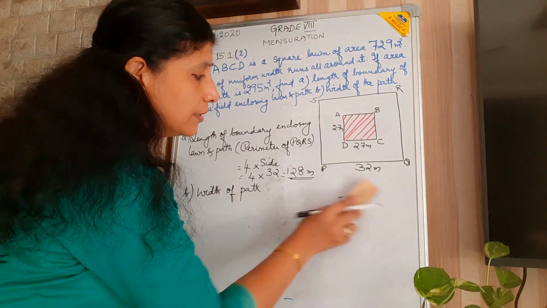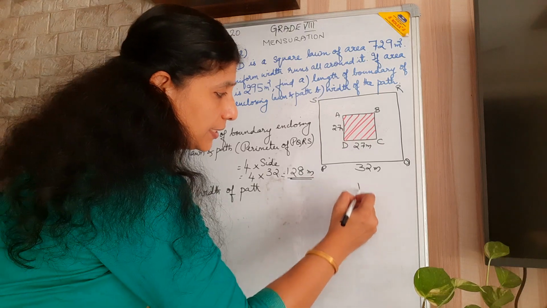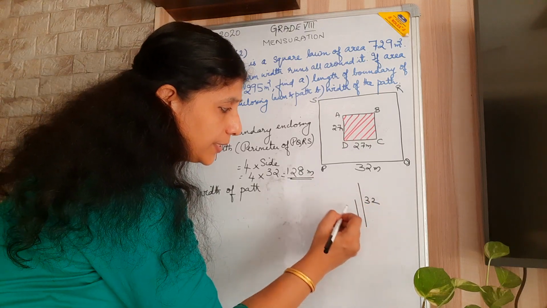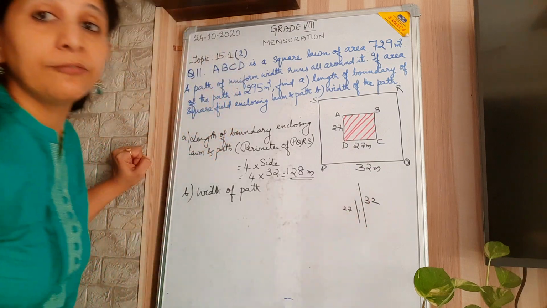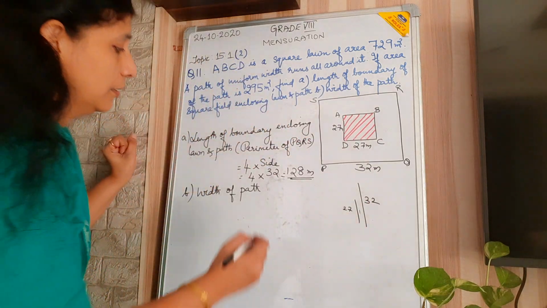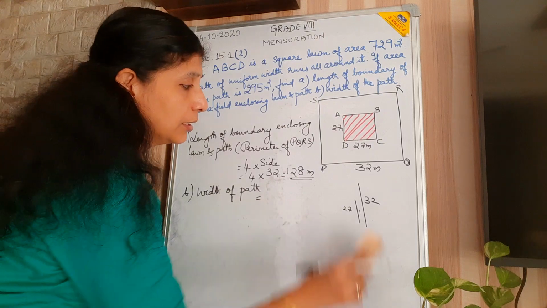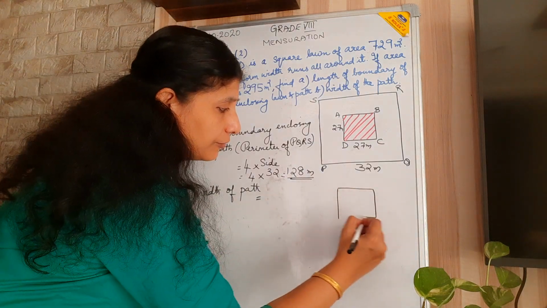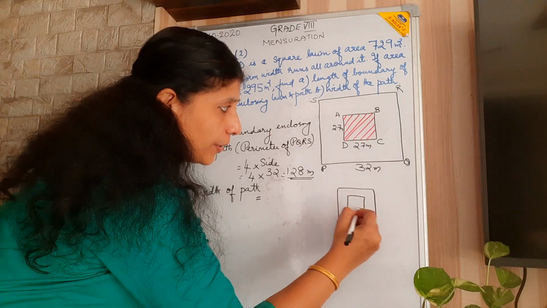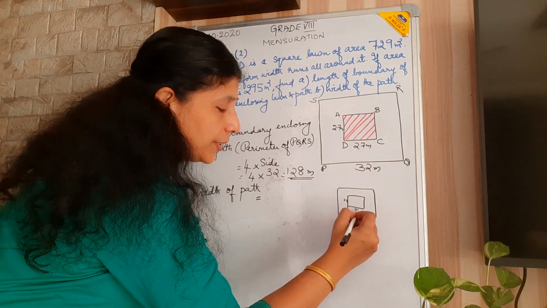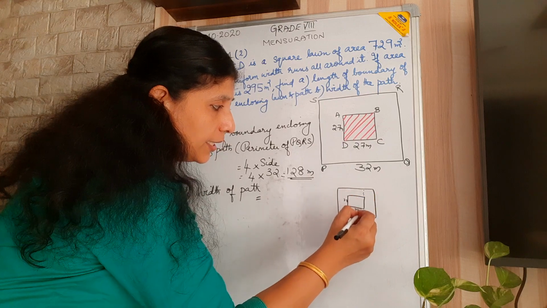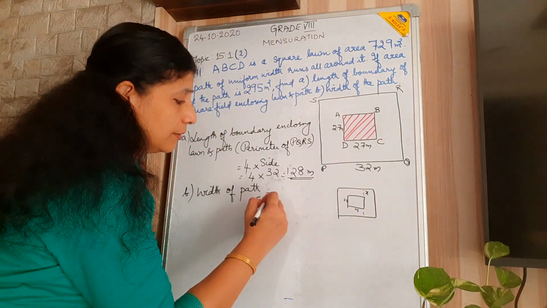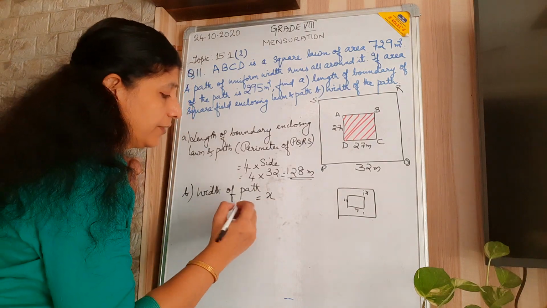You see that this length is 32 and this length is 27, so find the difference between these two. This is the square of 32 and this is the square of 27. If you consider the width as x, let the width be x.